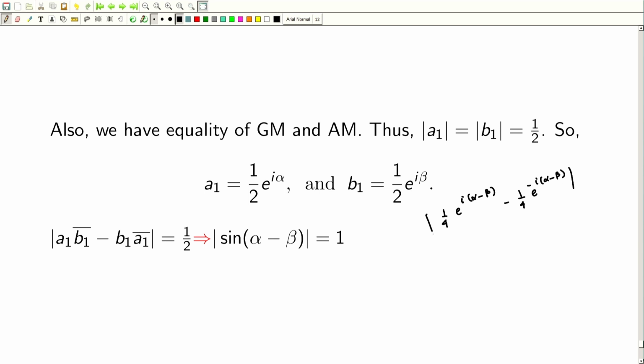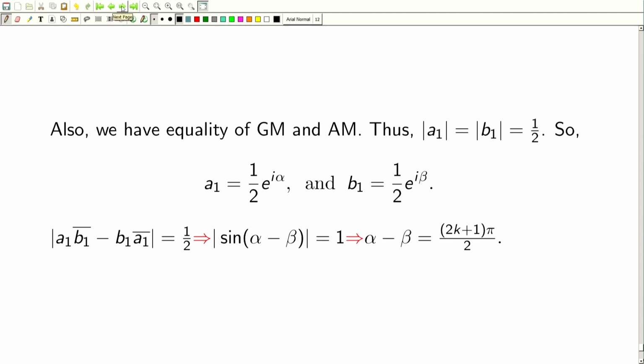So, this modulus is equal to 1/4 into 2i, modulus of sin(alpha minus beta). So, this is equal to 1/2, so the 1/2 goes away. This means I am going to get that the modulus of sin(alpha minus beta) is equal to 1.